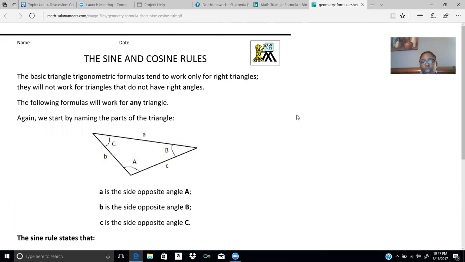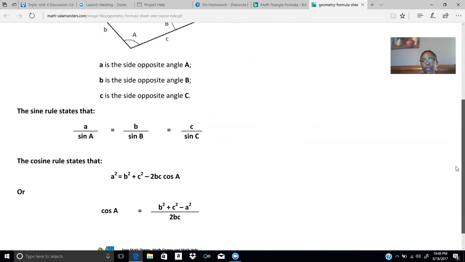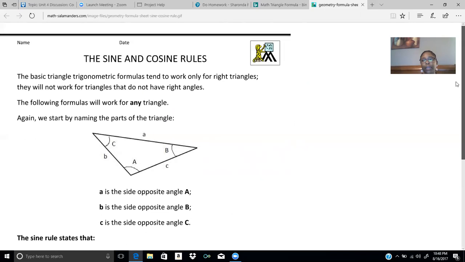So that gives you some idea of what you'll be dealing with in week 4 with the trig. You won't necessarily be dealing with right triangles anymore. You may have some right triangles, but you'll have some non-right triangles, for which you'll have to use different trig equations. So hopefully that gives you an idea of what to expect for week 4.